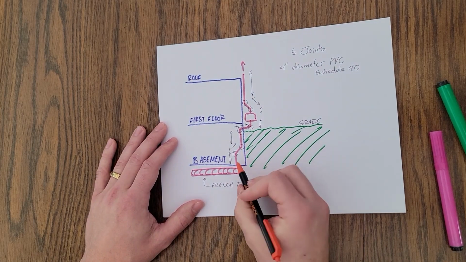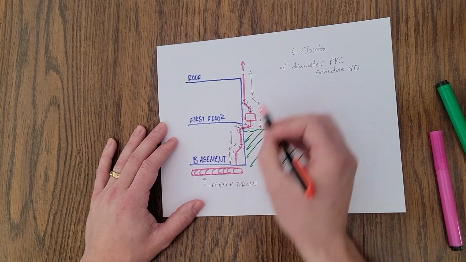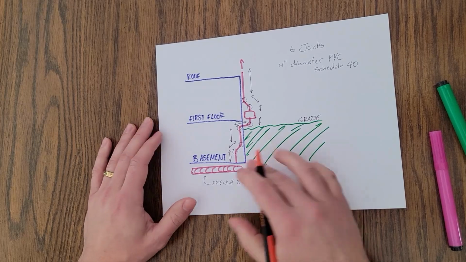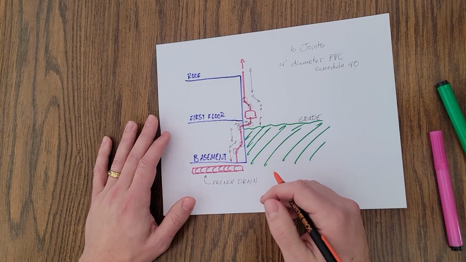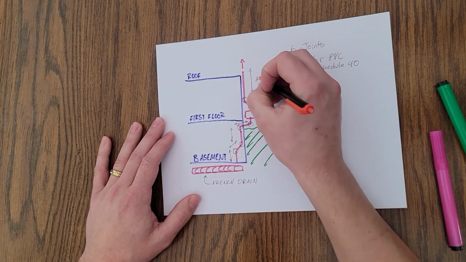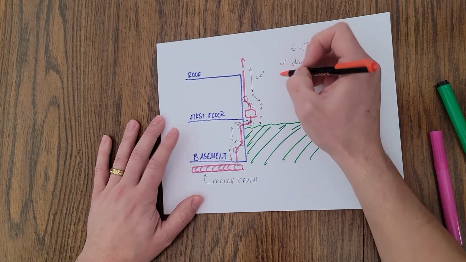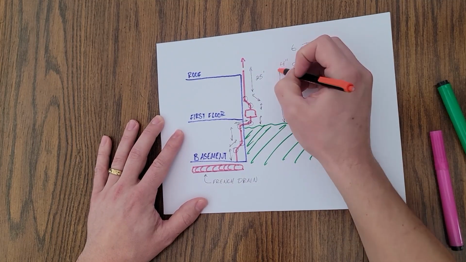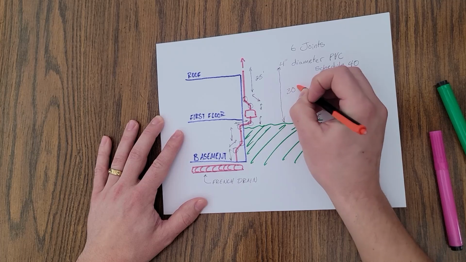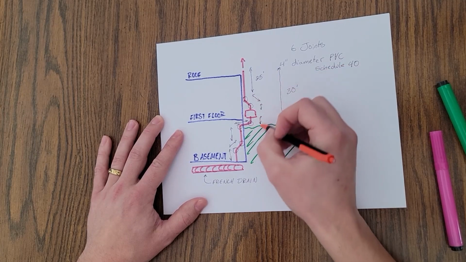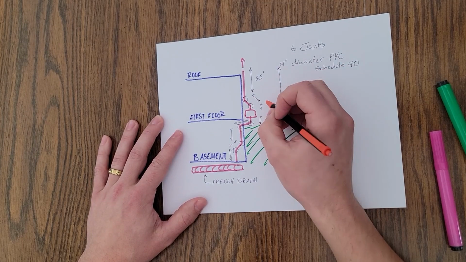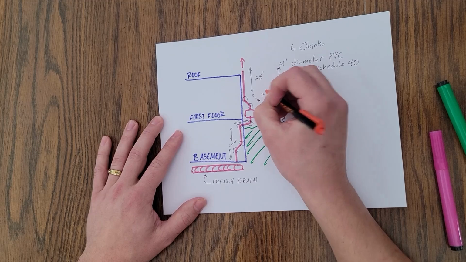So let's give these pipe lengths some numbers. So let's say 25 feet, and now you can measure the outside of your home. This is probably close to 30 feet. And we're gonna work within like 5 feet here. So let's give this 2 feet.